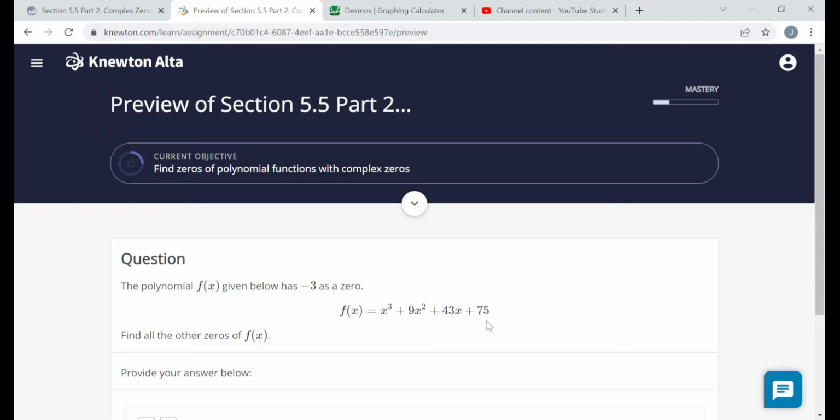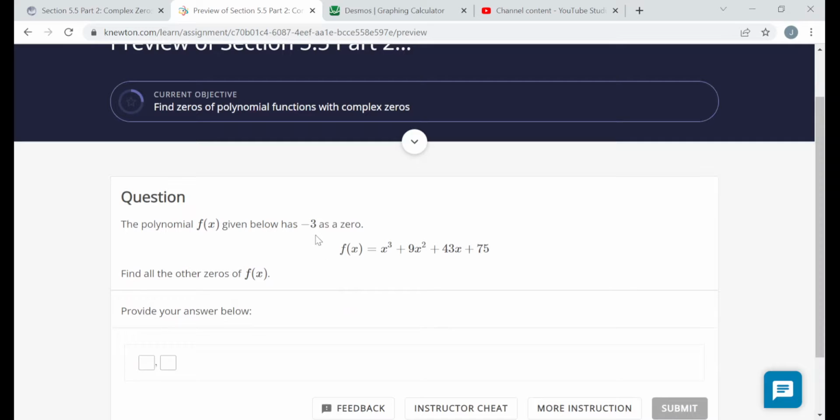But they've been very kind to us so far, just giving us one of the zeros, and we have to find the other ones. Again, it's a degree 3 polynomial, so there should be 3 complex zeros. They give us one of them, negative 3. If you plug in negative 3 for x, the output will be 0. We want to find the other 2 and put them in these boxes down here.